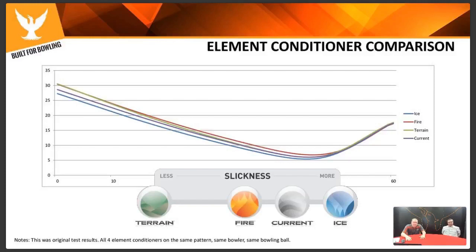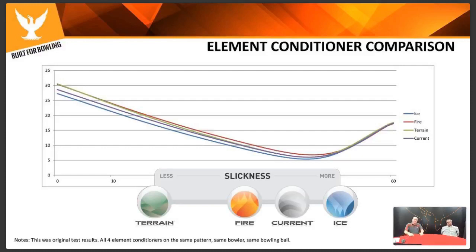Exactly. With current being directly behind that, obviously current being a polymer-based product, it tends to be very durable, doesn't move around quite as much, tends to break down a little bit more evenly. And then we go to fire, which is along the same lines as ice as far as what it does on the lane itself. Just similar properties. Exactly. It just ends up hooking a little bit more than what ice does.